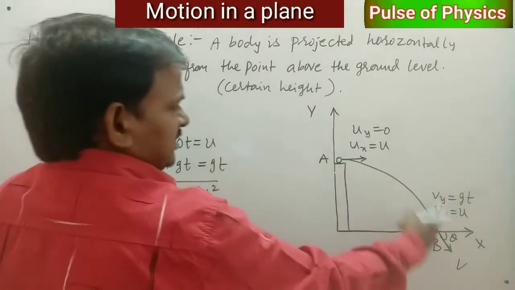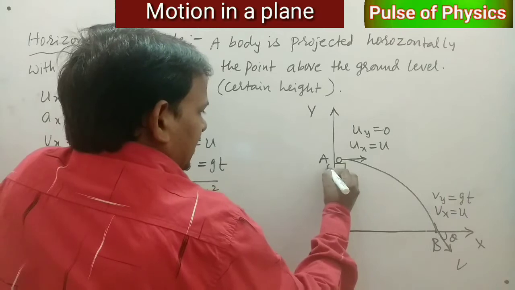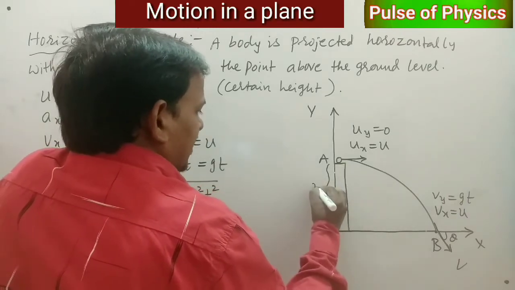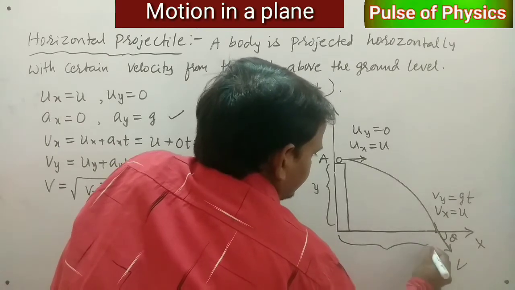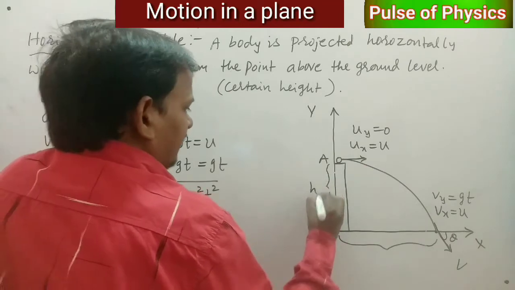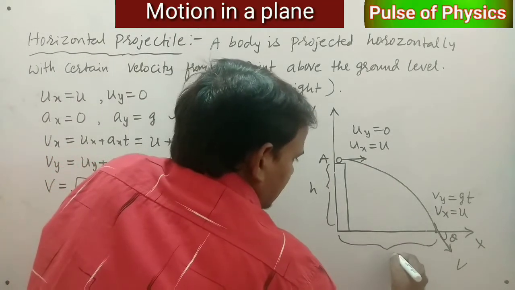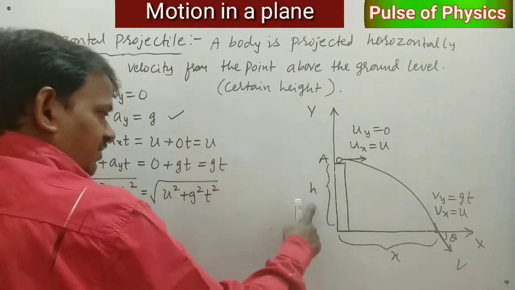How to find this time of flight? You see this here, vertical displacement it is y, horizontal displacement it is x. Here y is nothing but height of the tower, horizontal displacement it is x. I am finding x and h.